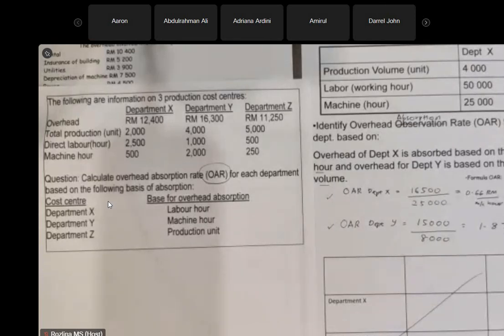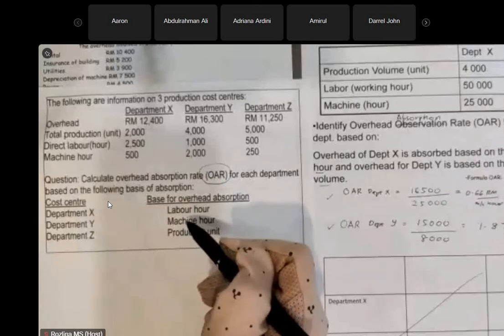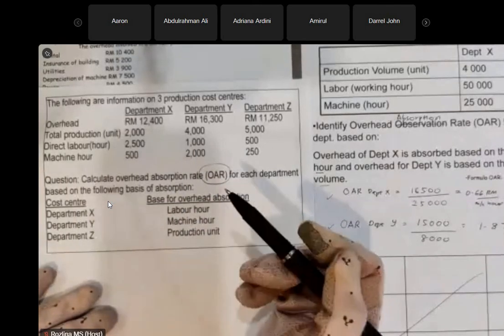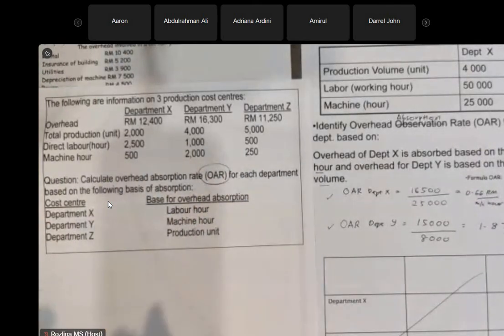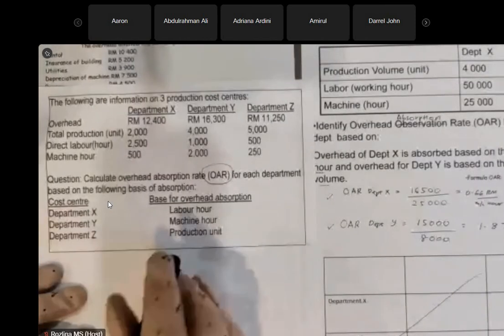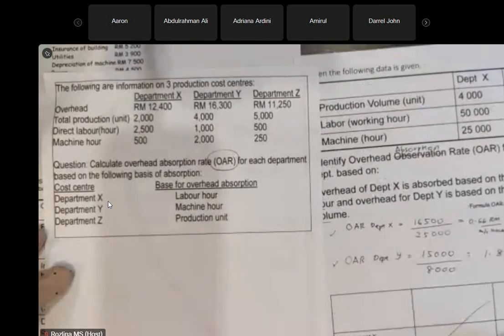Muhammad Hazman, RM4.90.6 cent for department X. 8 ringgit 15 cent. Okay, betul. And Z is 2 ringgit 25 cent. Senang kan? You just take the overhead based on the basis. So simple. I think we stop until this part.